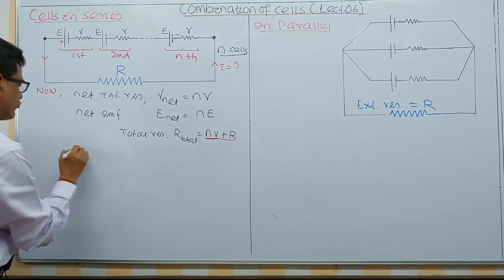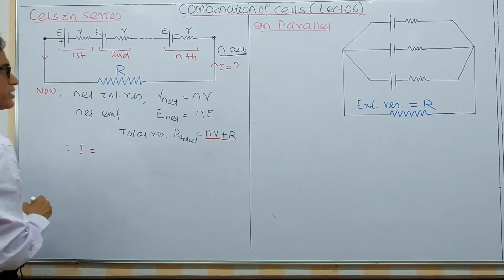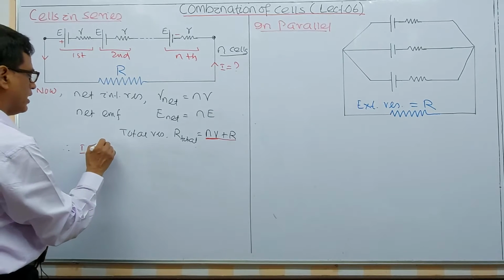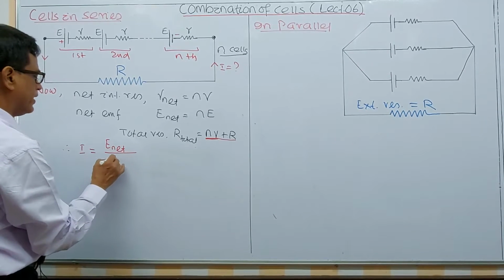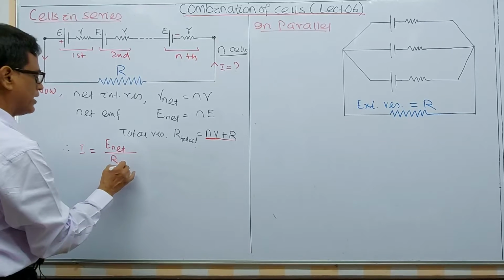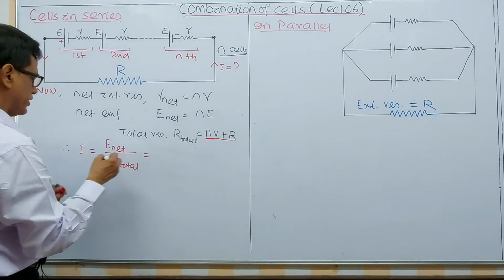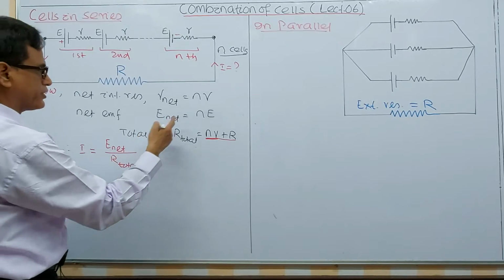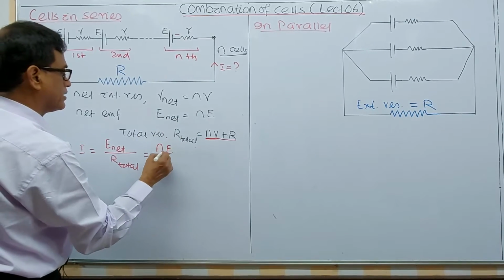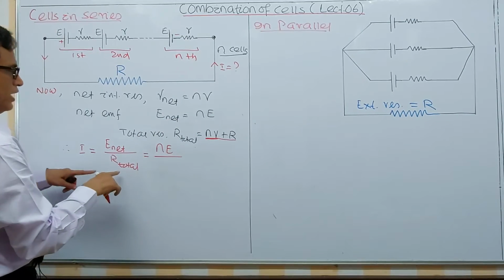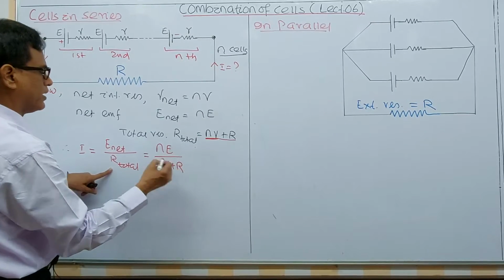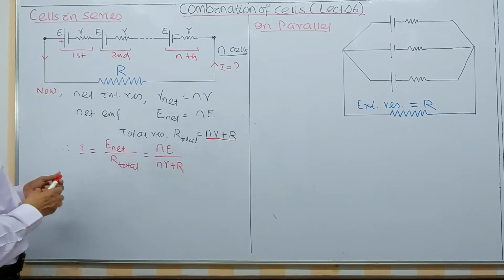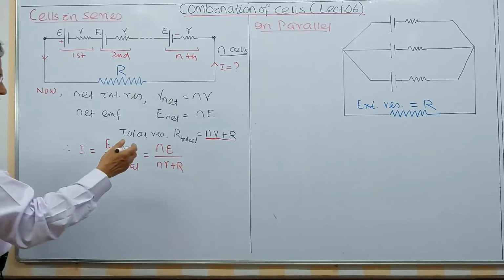That's why the net current in the circuit, according to Ohm's law, is E net by R total. So E net you can say is nE, divided by R total, that is n r plus R. Okay, that's why I have a formula here.